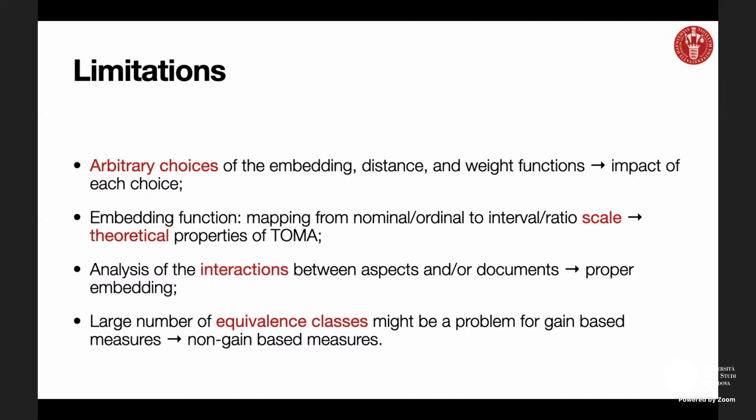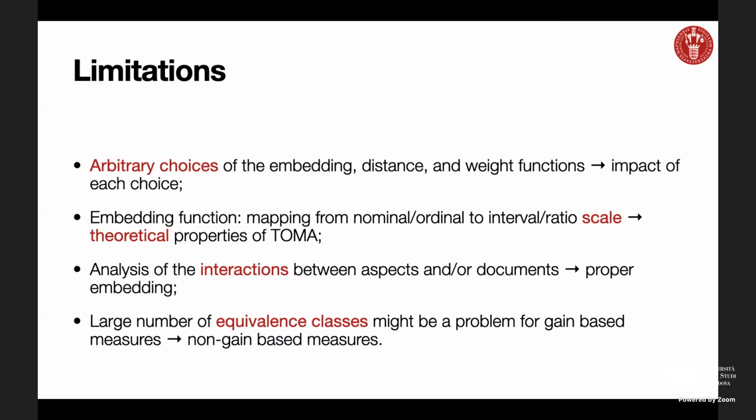So to summarize a bit about this part, what are some of the limitations we have for this approach? Well, first, it is based on arbitrary choices. For example, the embedding distance or the weight functions, and it's not clear exactly what the impact of this choice is.